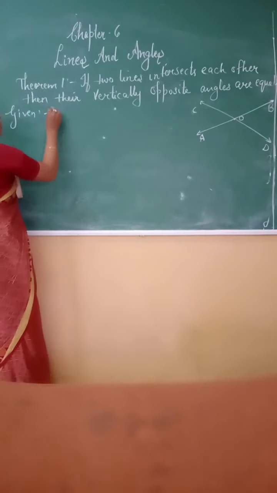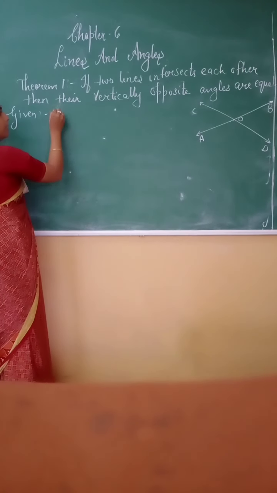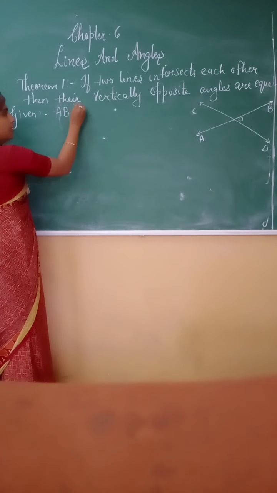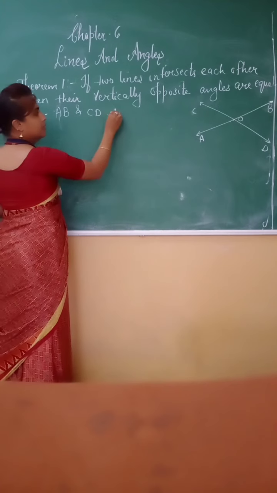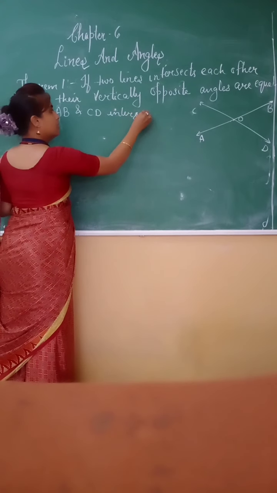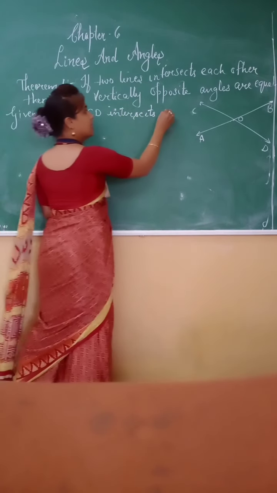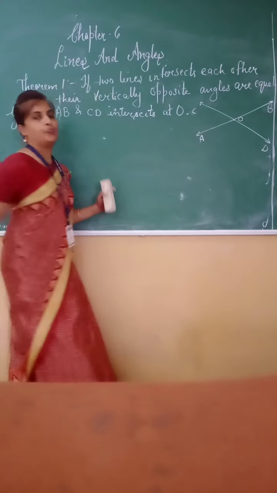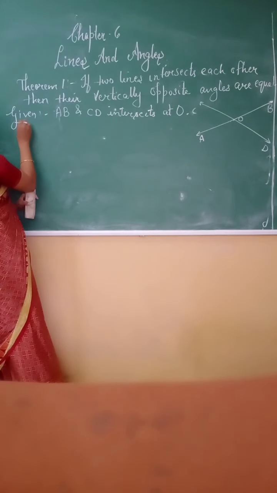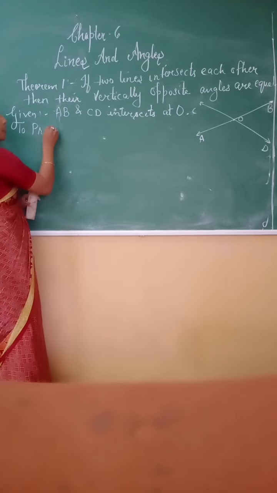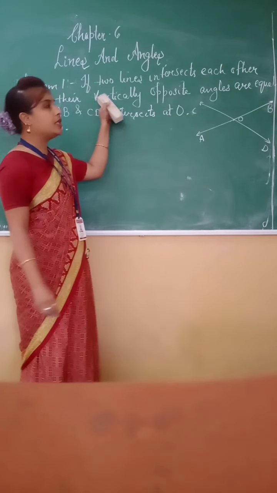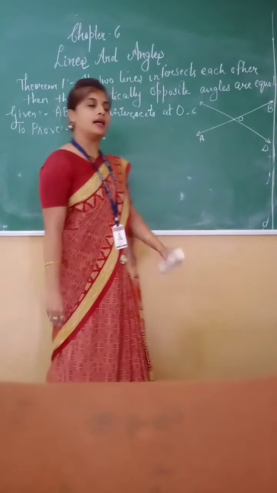So what is given to us? That AB and CD intersect at O. Now what we have to prove here? We have to prove that their vertically opposite angles are equal.